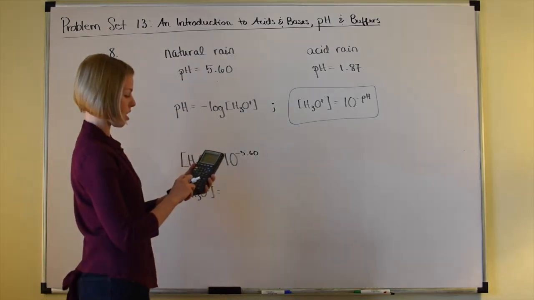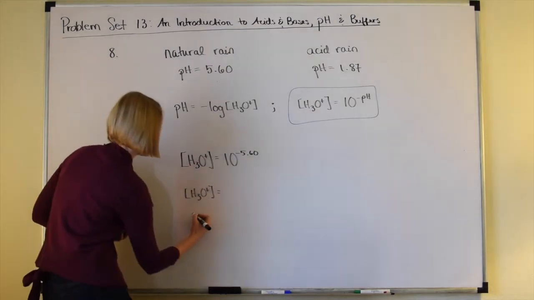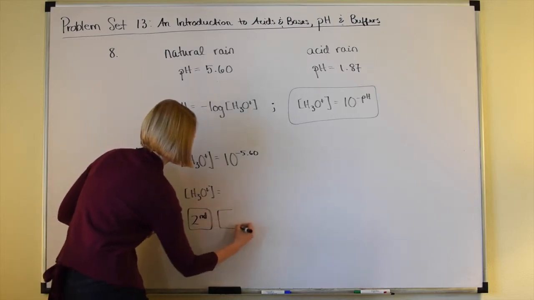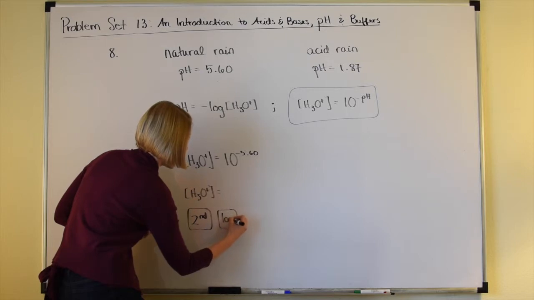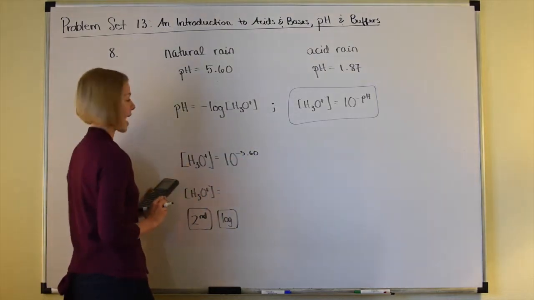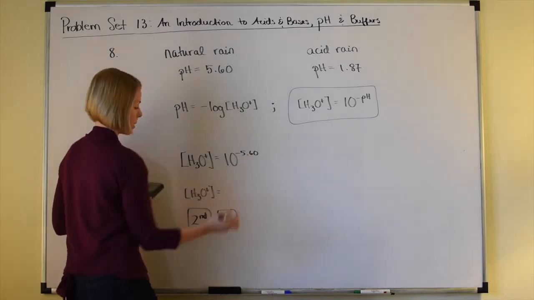You'll see above my log button there is a 10 to the x, that's the inverse log. So on the TI-83, I push second, and then I push log, and that gives me 10 to the, and my first bracket. And then I want to put in this number here for my exponent.